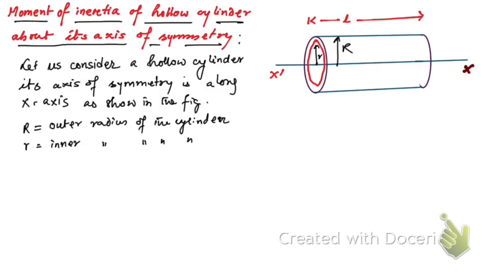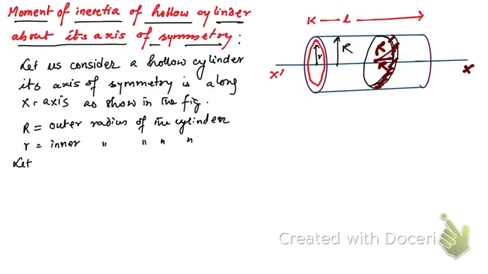Now let us divide this into a large number of circular rings, of external radius capital R and internal radius small r. Let me divide this cylinder into a large number of circular rings.